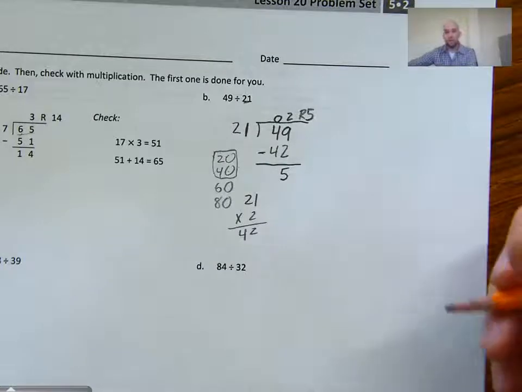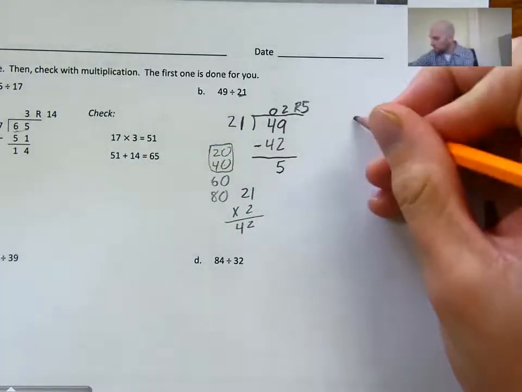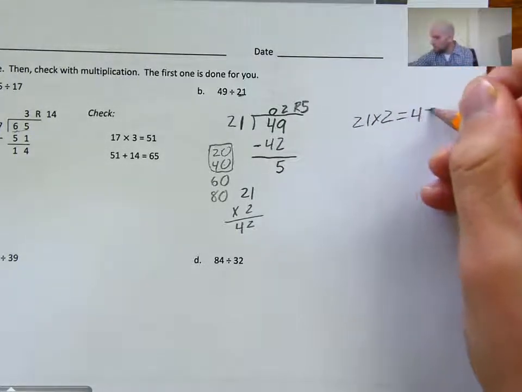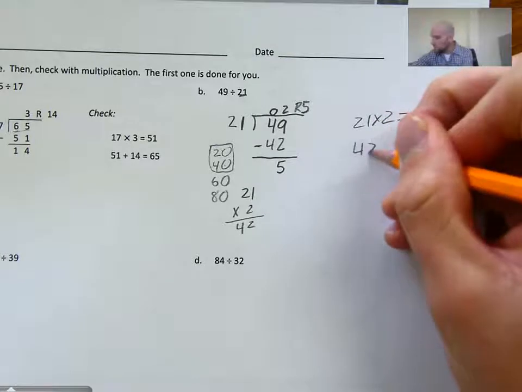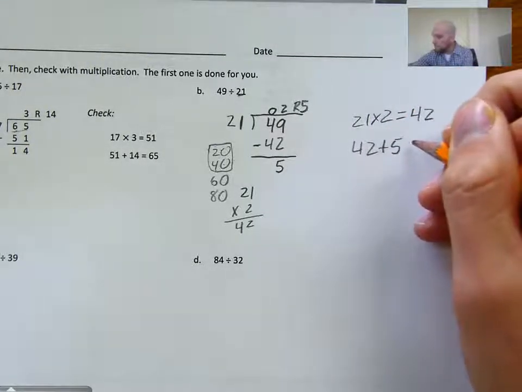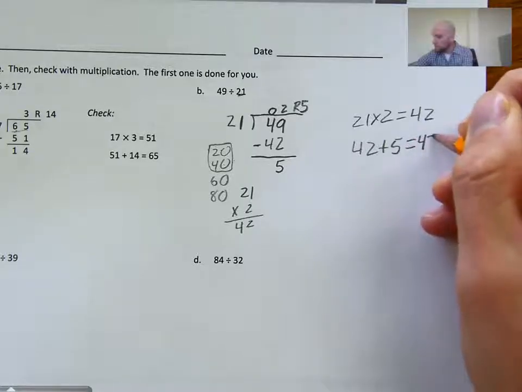And then I can check my work. So I have 21 times 2, and I get 42. 42 plus 5 equals 47.